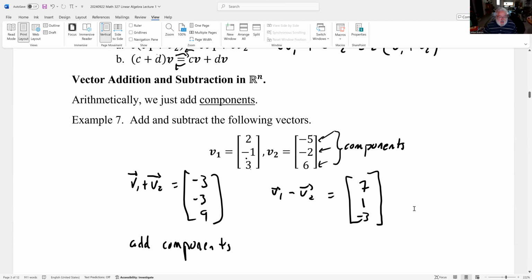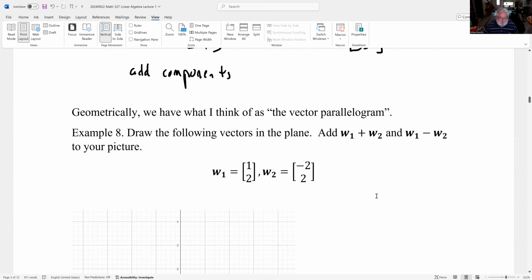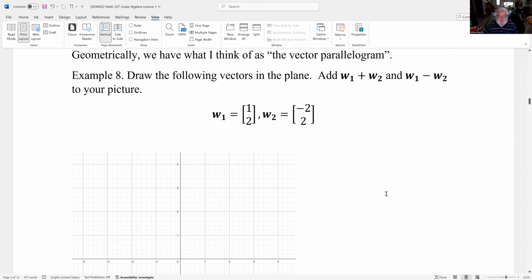So arithmetically, you just add the components. Geometrically, there's a nice thing called the vector parallelogram. If we have W1 and W2, we can draw these in the plane. My X component is 1, my Y component is 2, so we go to X equals 1, Y equals 2. Then we draw an arrow that starts at the origin and goes up to that.